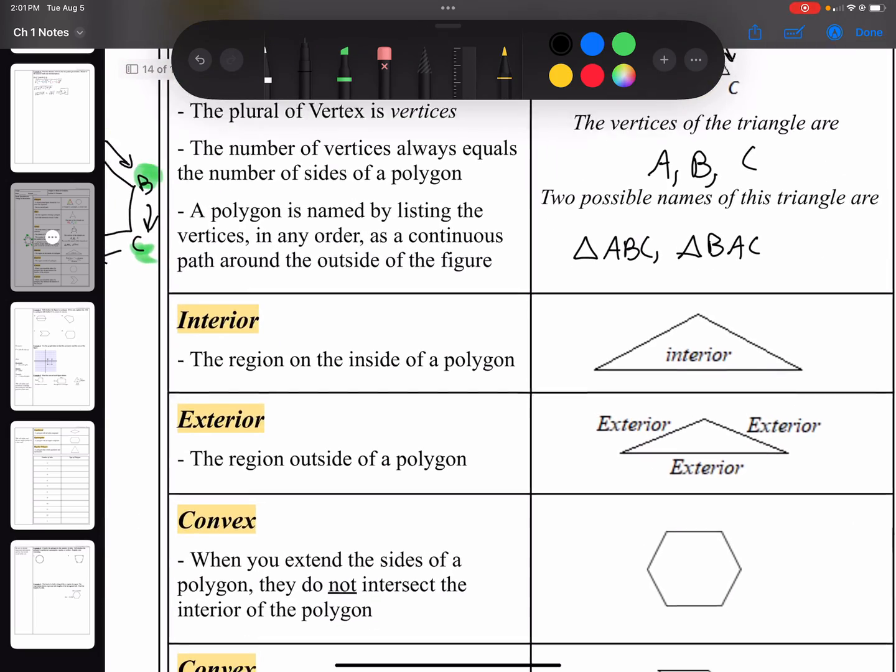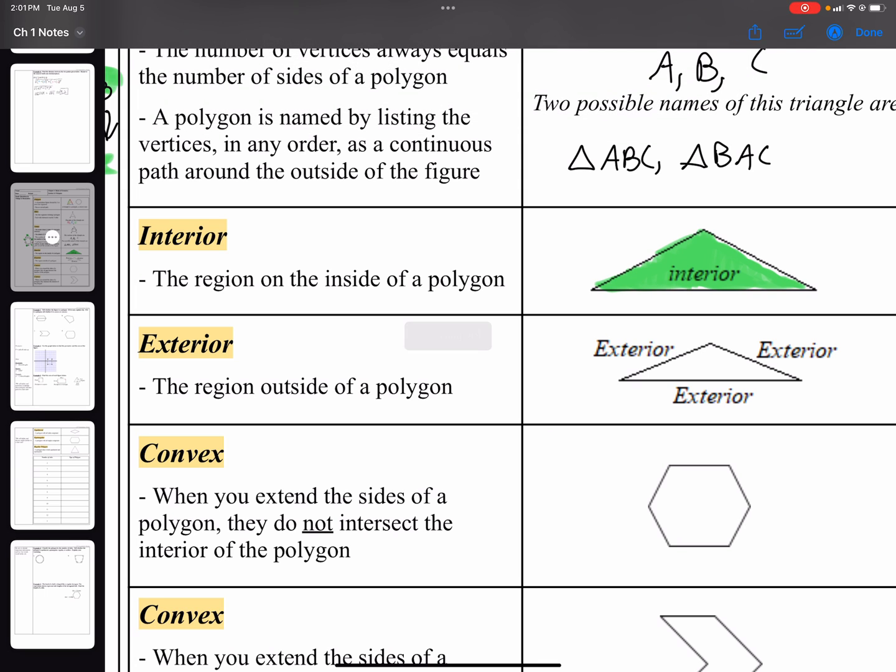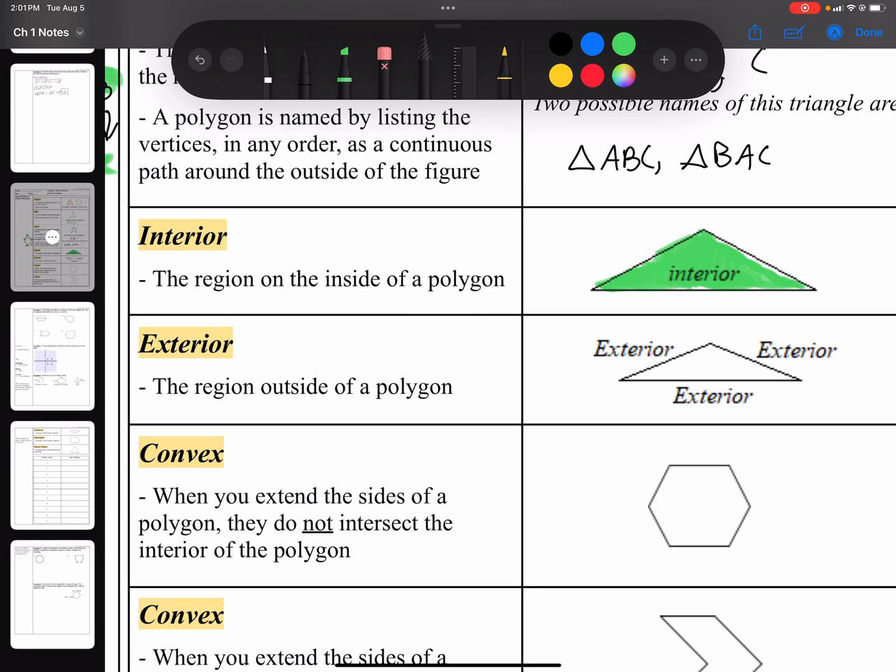All right, some important words that we're going to use a lot. Interior. You can think of that as the region that's inside a polygon. So look, this is inside the triangle, so we refer to that as the interior. Now, the exterior is the region that's outside of the polygon.